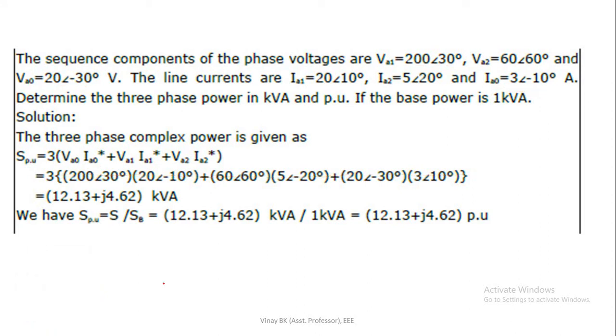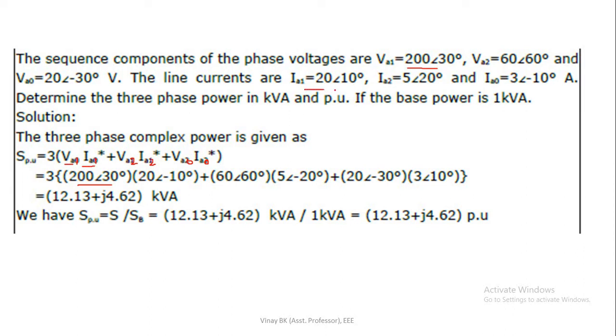They were substituted first as VA1 IA1 conjugate, then VA2 IA2 conjugate, then VA0 IA0 conjugate. So here, 3 into VA1, given as 200 at an angle of 30 degrees, into IA1 conjugate.